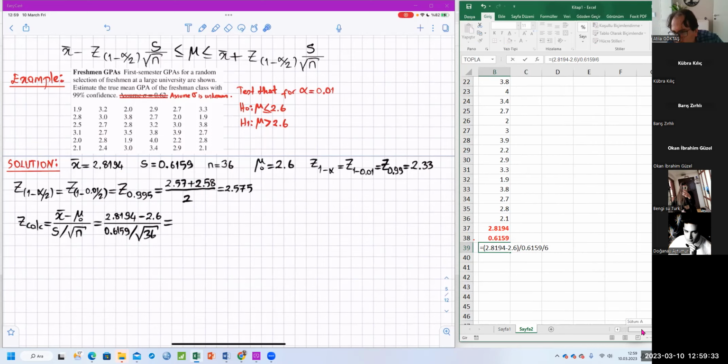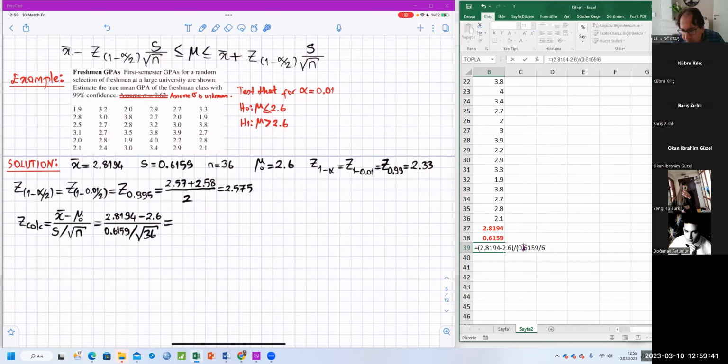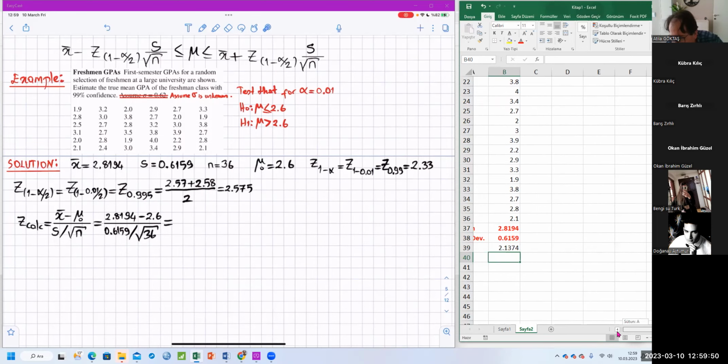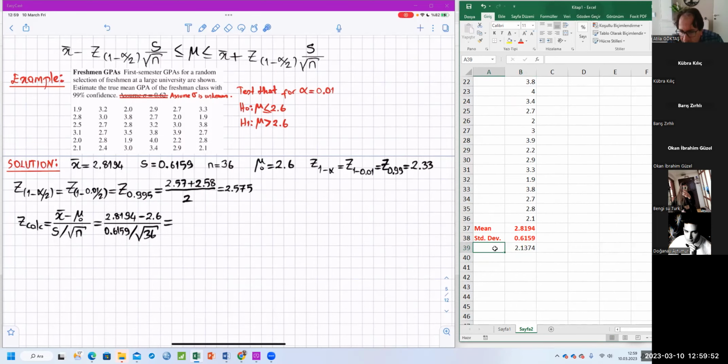Let me see. I need to place a bracket here, the entire bracket. Okay, 2.1374, the calculated Z statistic.